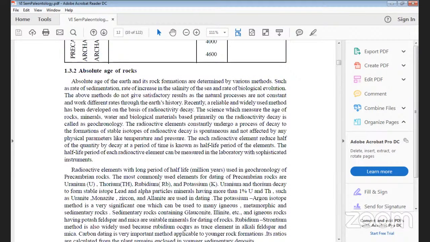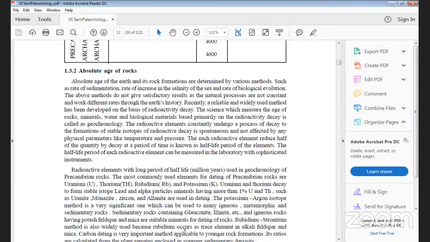And how do we know the absolute age of rocks? The absolute age of Earth consists of different rock formations, and we can determine it by various methods, such as the rate of sedimentation, the rate of increase in the salinity of the sea, and the rate of biological evolution.